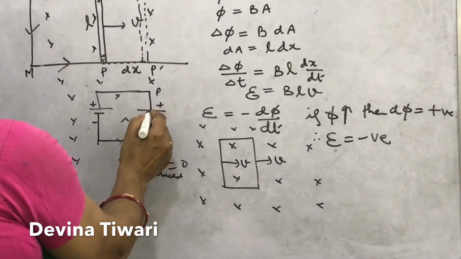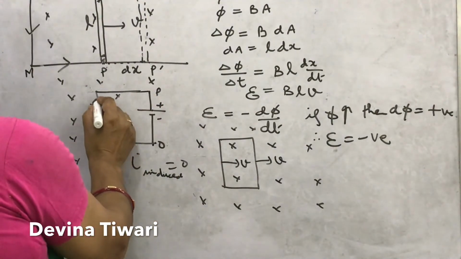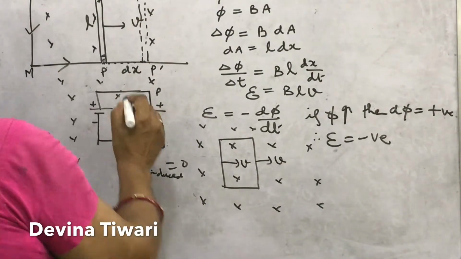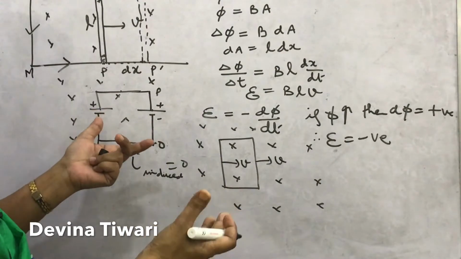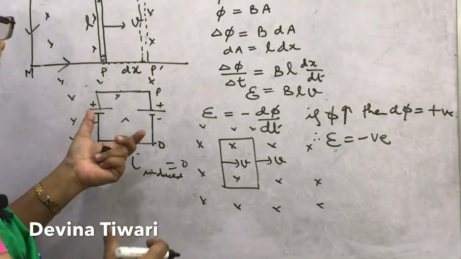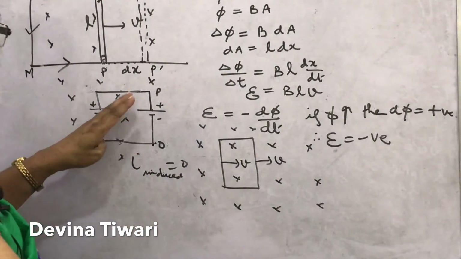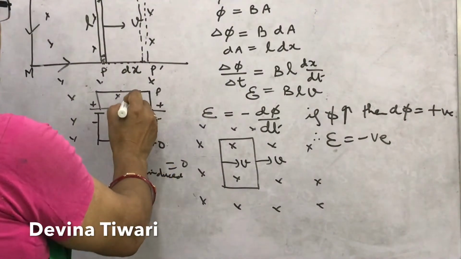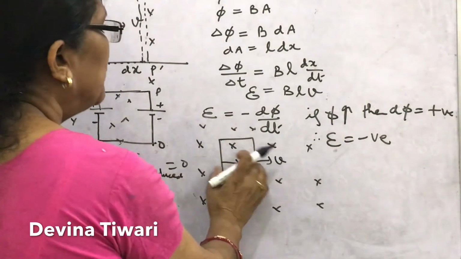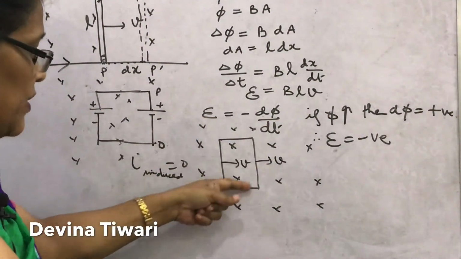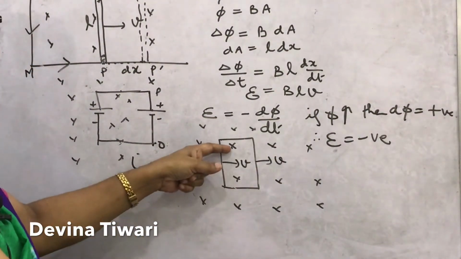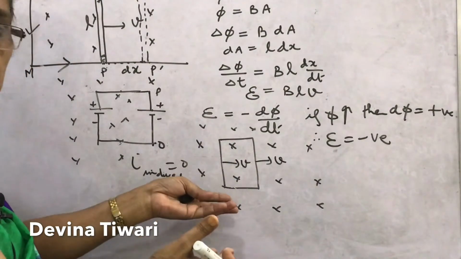Why? Because this is the positive terminal of the same EMF, and this is the positive terminal of the same EMF, and if the two cells are connected like this, what will be the current? 0. And we have proved this by Faraday's law: if the whole circuit is moving completely within the magnetic field, there will be no flux change, because all the field lines will pass through it.